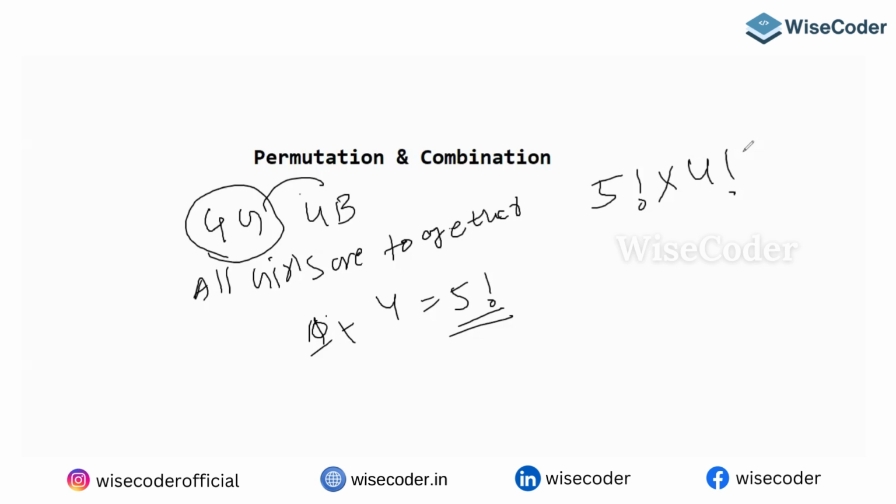So the total number of ways is 5 factorial into 4 factorial, which is going to be your answer. That's how you can end your answer.